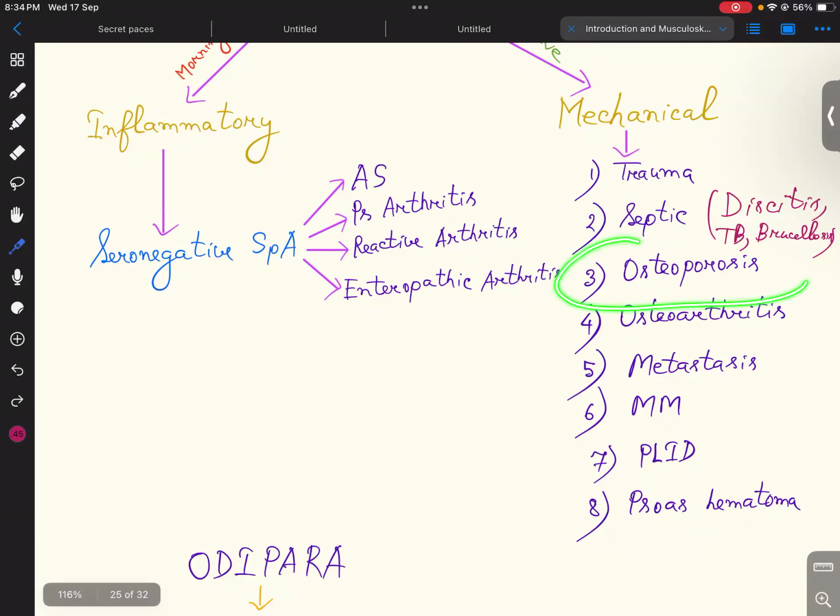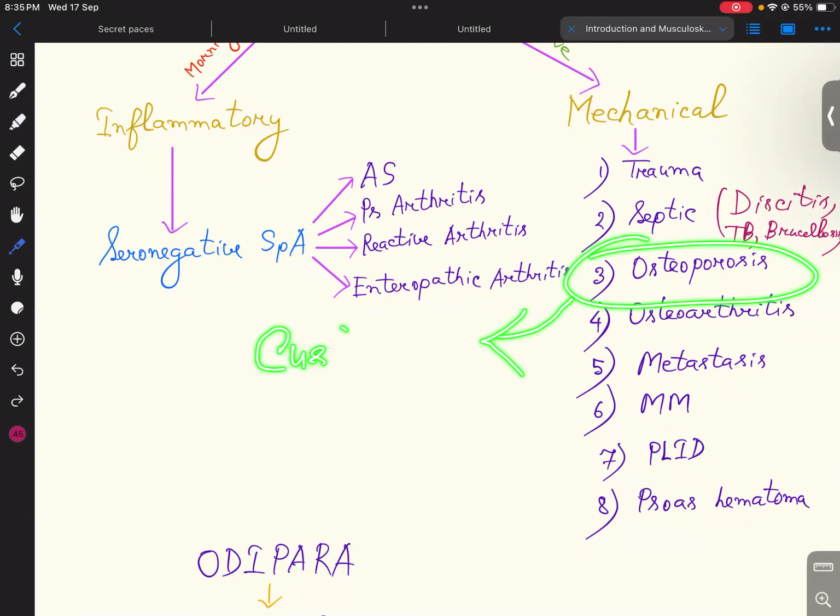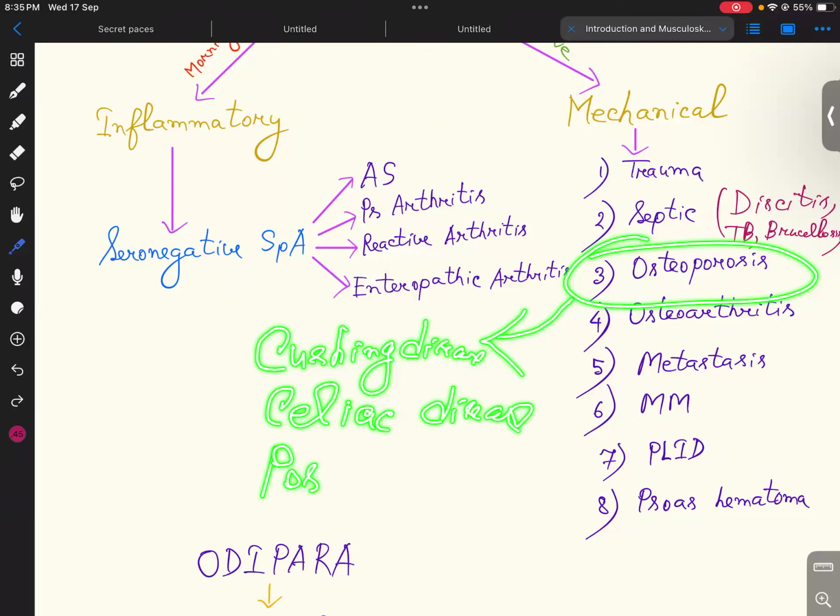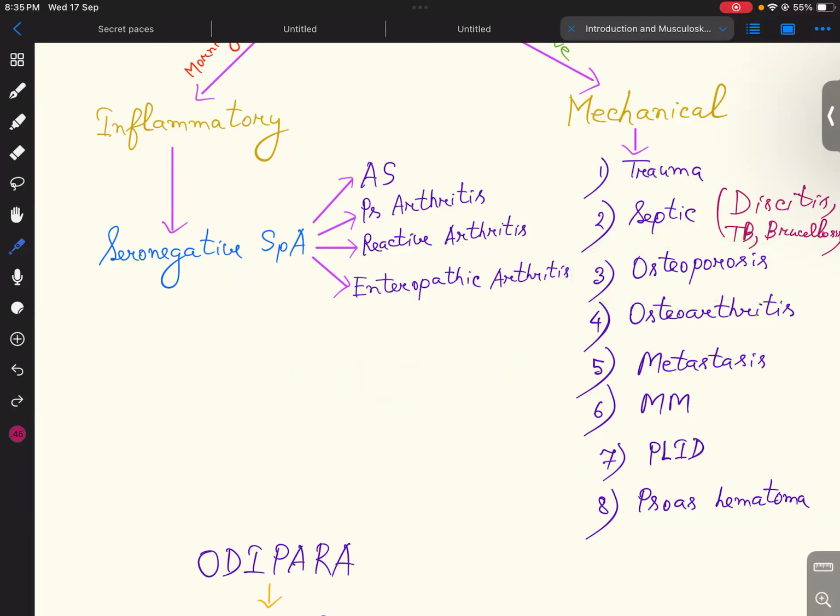Then osteoporosis. Osteoporosis especially comes against the background of either Cushing disease or celiac disease or due to postmenopause. So in the history, you will get a certain clue of either Cushing disease or celiac disease or postmenopausal women. Then automatically the differential diagnosis of osteoporosis will be osteoarthritis. Then metastasis.